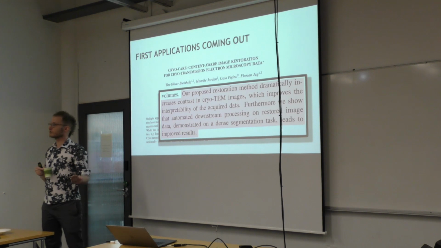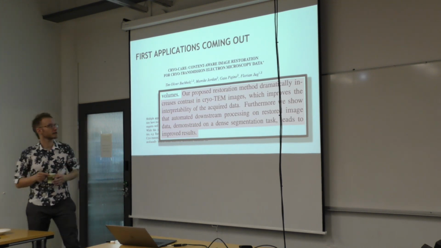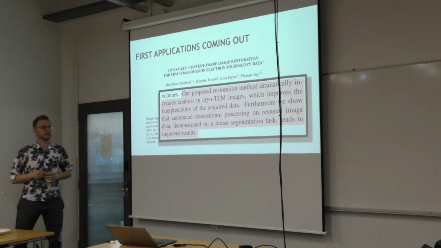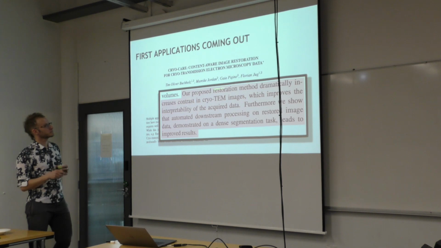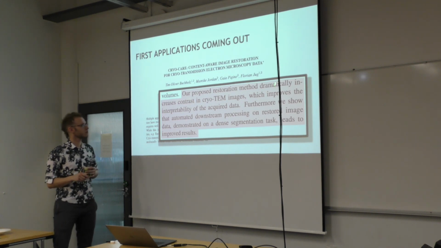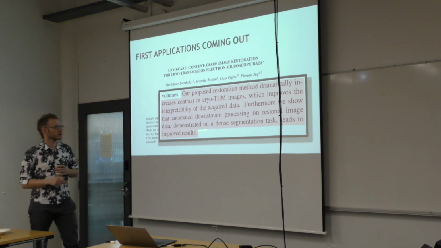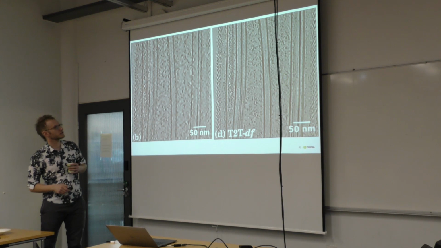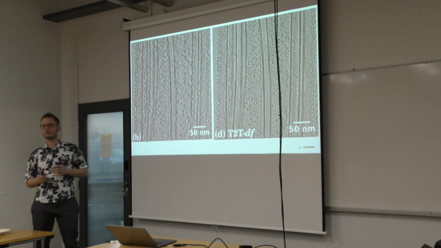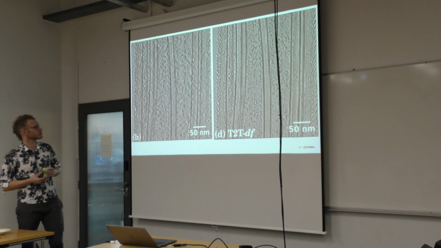And they also can't use that much light because it'll thaw the specimen and bad things will happen. But they've taken this stuff just out of the box. They say they dramatically increased contrast, and furthermore automated downstream processing of restored images, and segmentation leads to improved results. And so this is sort of the kind of gain they got from just using it out of the box.